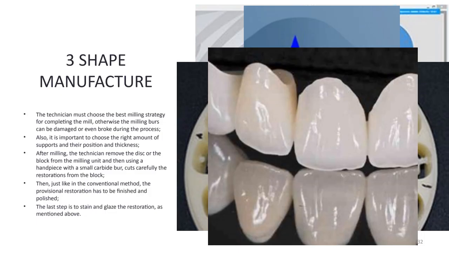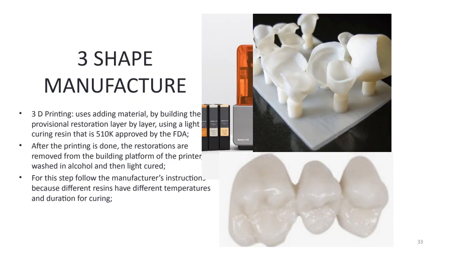The printing method is called adding, because during the 3D printing, the printing takes place by adding layer after layer after layer of plastic to build up the restoration. Okay.